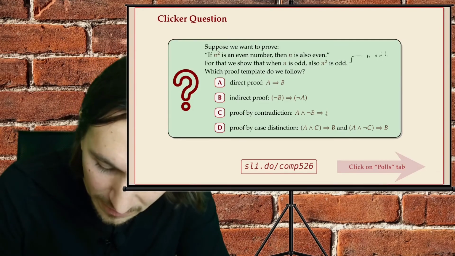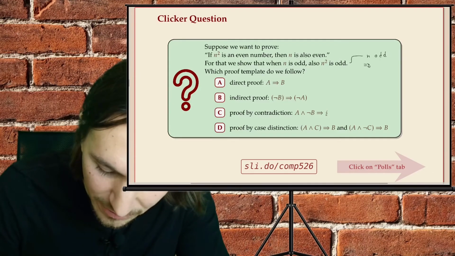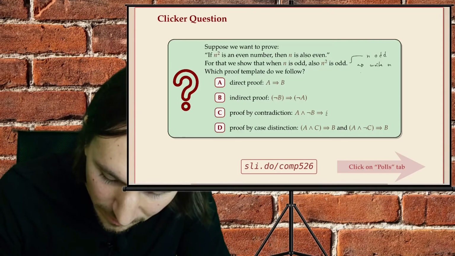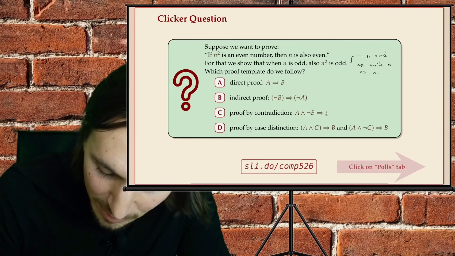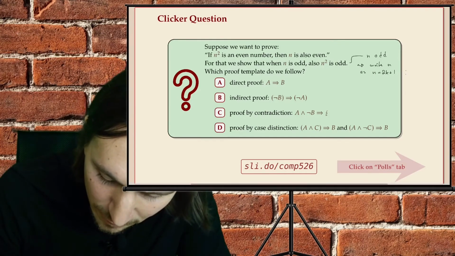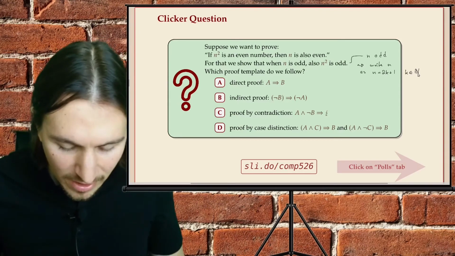When n is odd, that means n can be written as 2k plus 1 for some integer k, say a natural number.